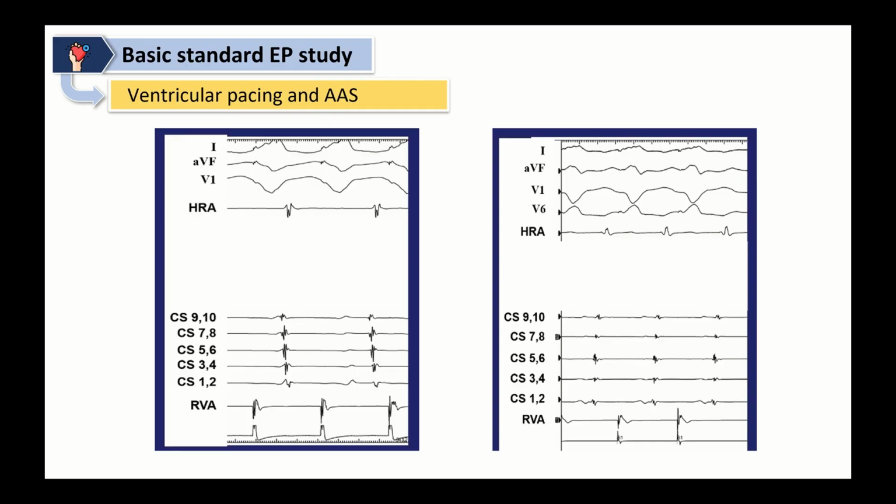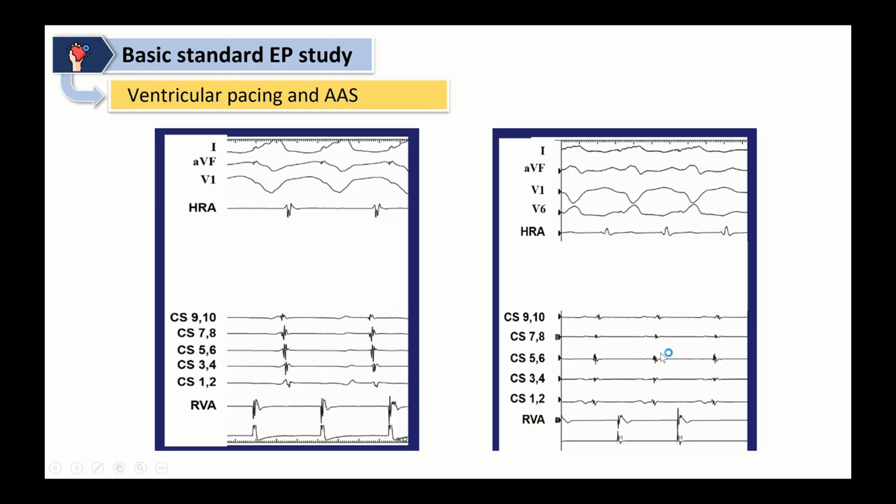So let's see this example. On the left side we start incremental ventricular pacing. We can appreciate in the left panel there is concentric activation. As it's a nodal conduction, we can see the more incremental pacing, there is decrementation and the VA time increases, and the earliest atrial activation is at CS 9-10.